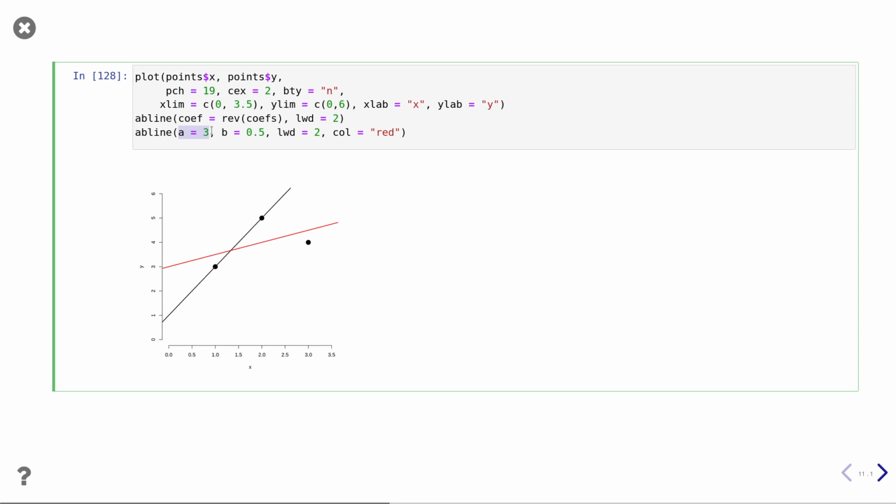So remember, as I said before, let me add this as a comment, abline with arguments for y equals a plus bx. This is what abline thinks that a and that b that you're giving it as arguments here is doing. So here I'm saying an intercept of 3 and the slope of 0.5. And I'm making that line red, and you can see it's quite good.